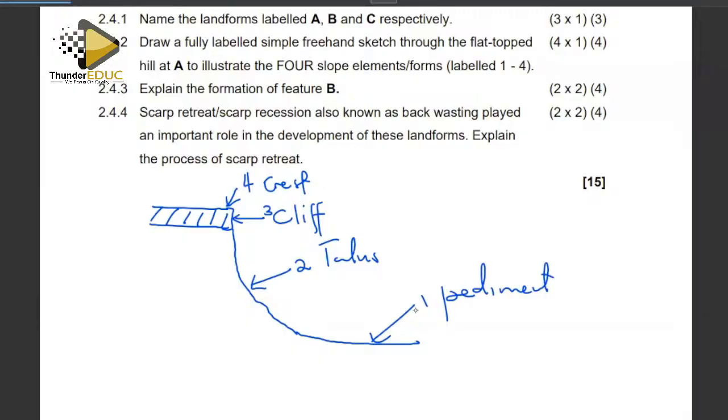So basically, we're supposed to draw something with this shape. It must have a high point, and then from there, an almost vertical slope. Then the slope angle must decline gradually going down and must be flat as we go to the bottom of the slope. Those are the slope elements that are required there.